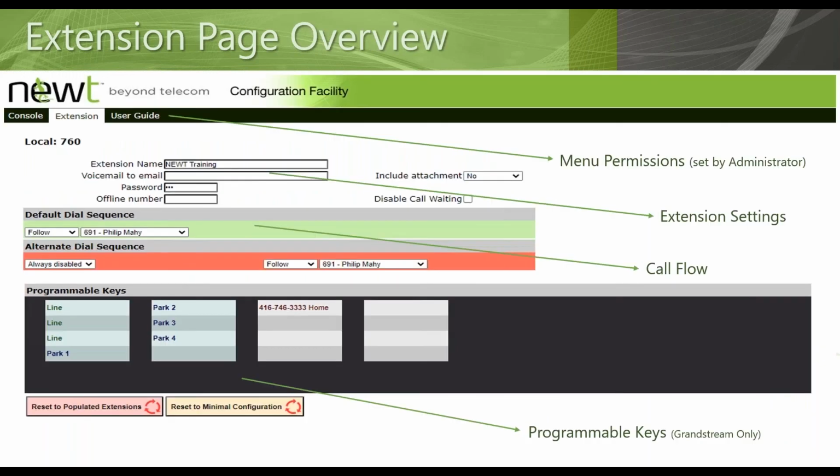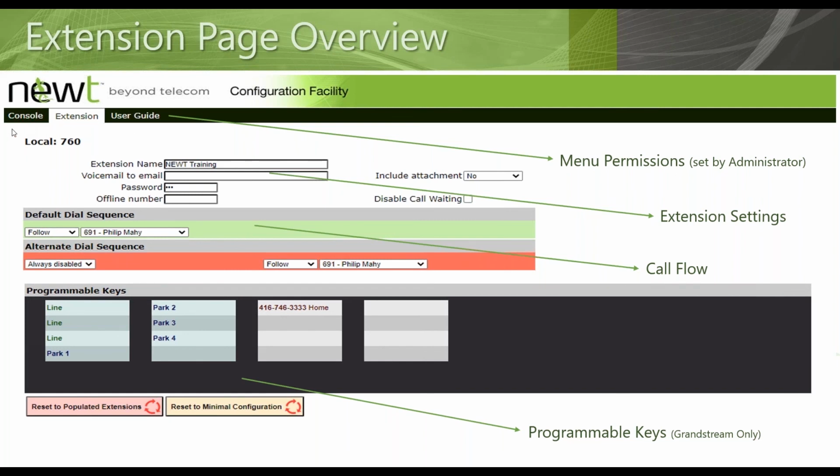Once you log into the extension page, it's going to bring you to a page that looks like this. Now, this is a very basic setup. Most people would have something like this unless the administrator has worked with Newt to give you a lot more permissions, and that can be on a per user basis. But at the very least, you may see just your extension page, right?